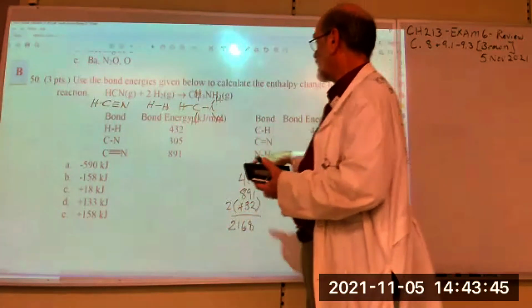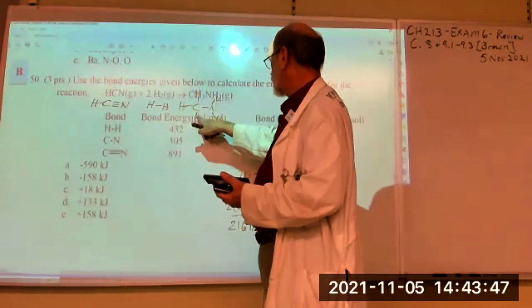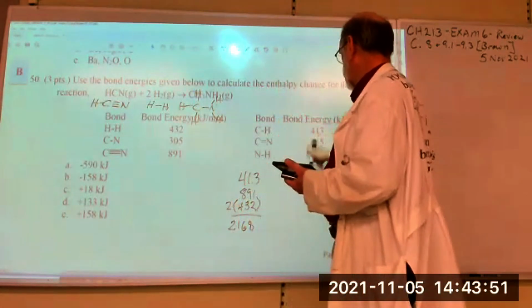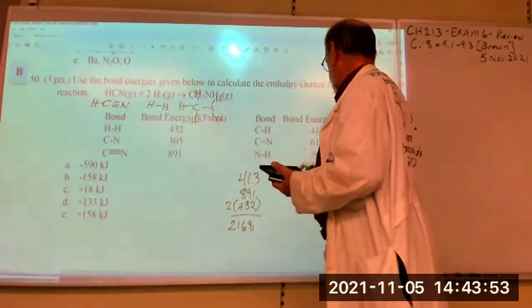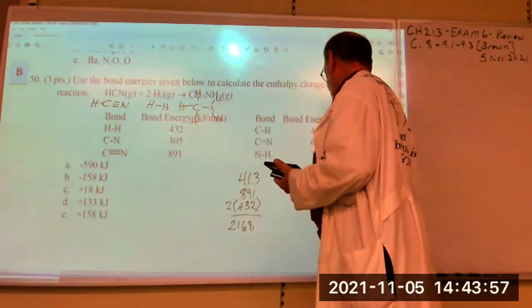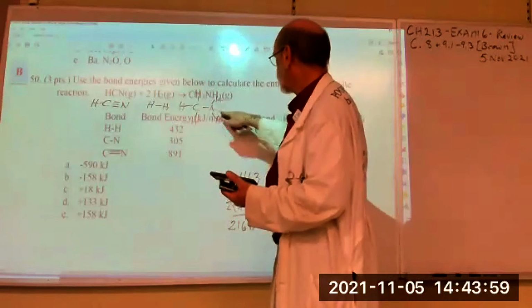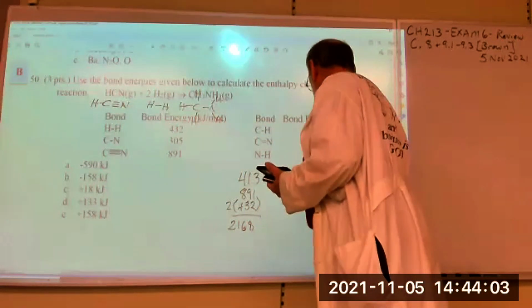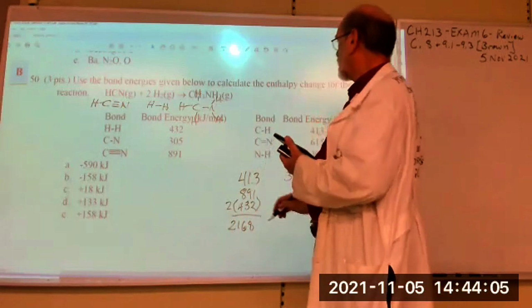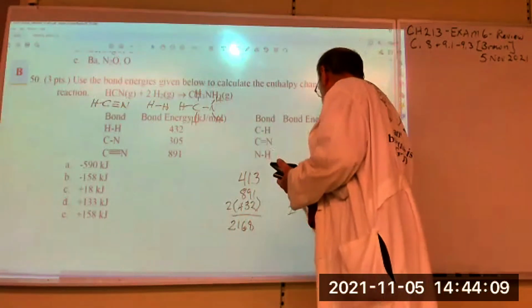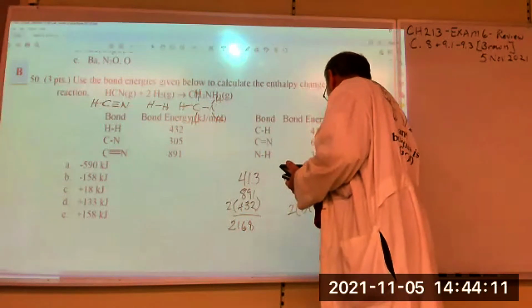And then the bonds that form are, let's see, 1, 2, 3, 3 CHs, and 1 CN, 305, and 2 NHs, 2 times 391.